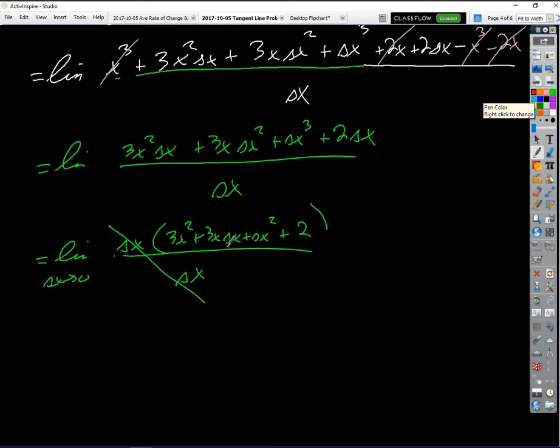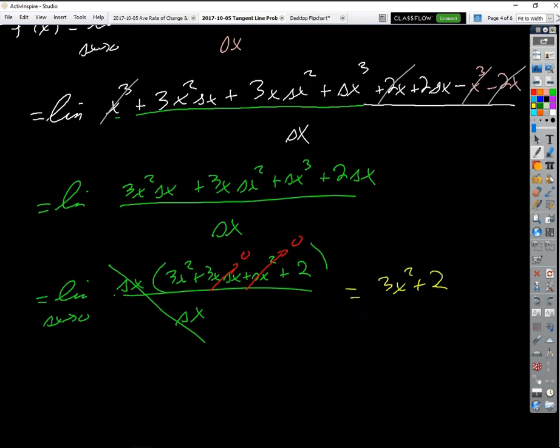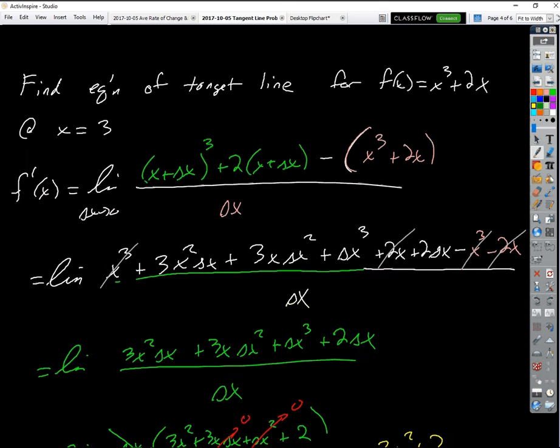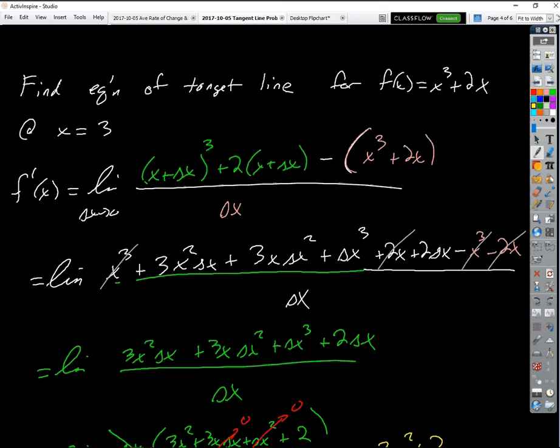As delta x goes to 0, every term that includes a factor of delta x in it goes to 0, and so I'm just left with 3x squared plus 2, right? So that's my derivative function. Okay, so now I know that I started with f of x equals x cubed plus 2x.